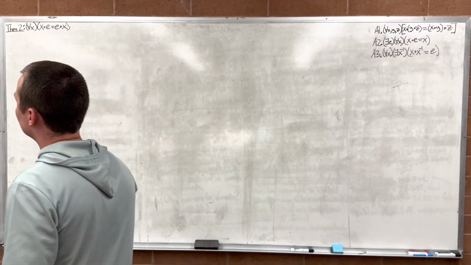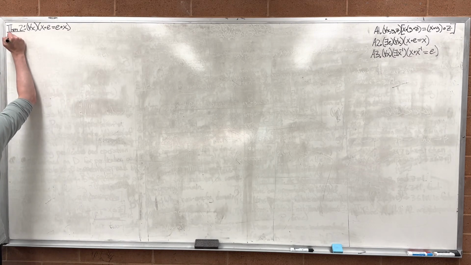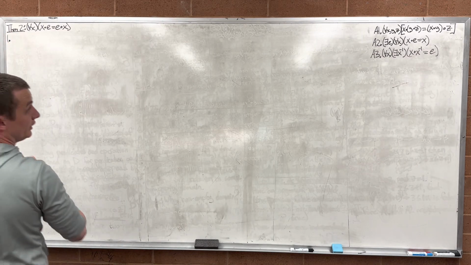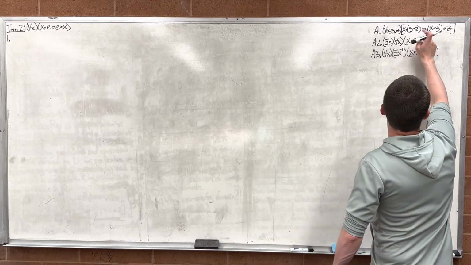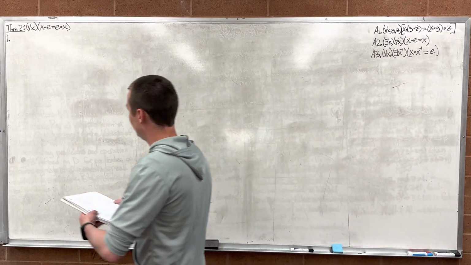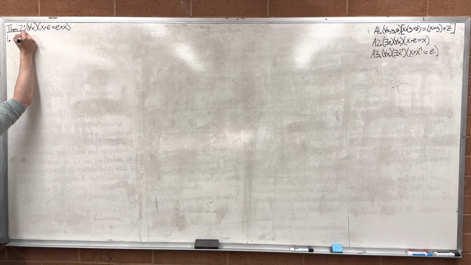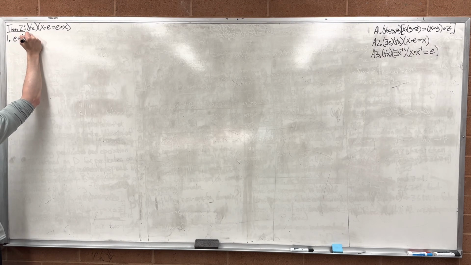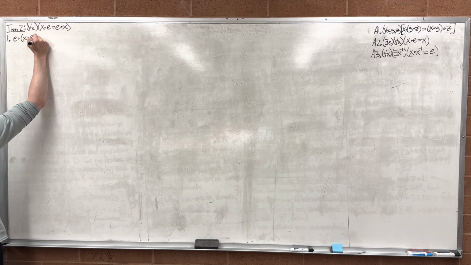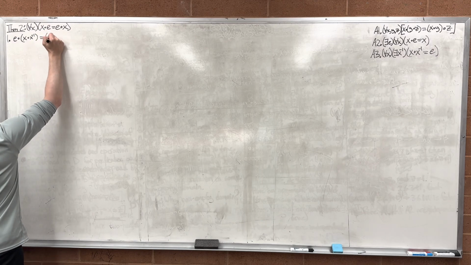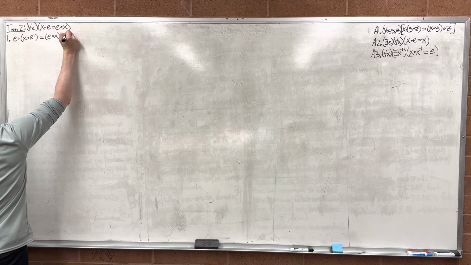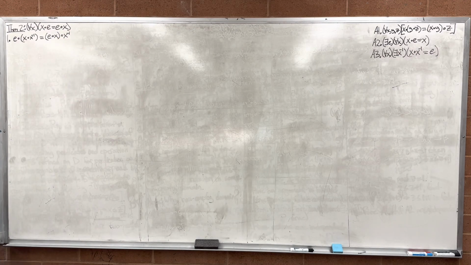So starting out, looking at axiom 1, I'm going to plug into axiom 1, universal specification on axiom 1, like this. E compose x inverse is equal to E compose x inverse. That's my starting point for that.